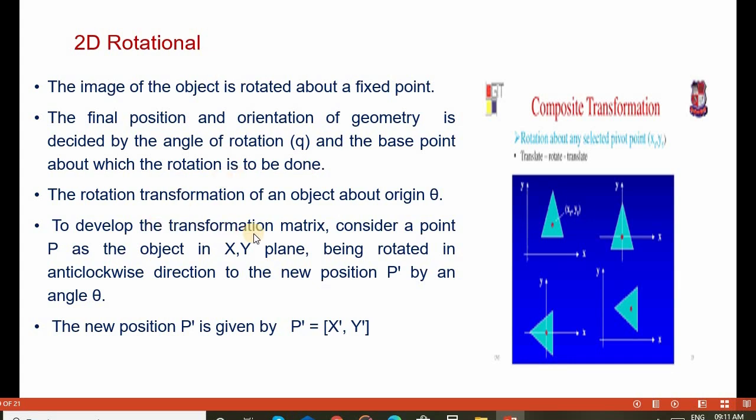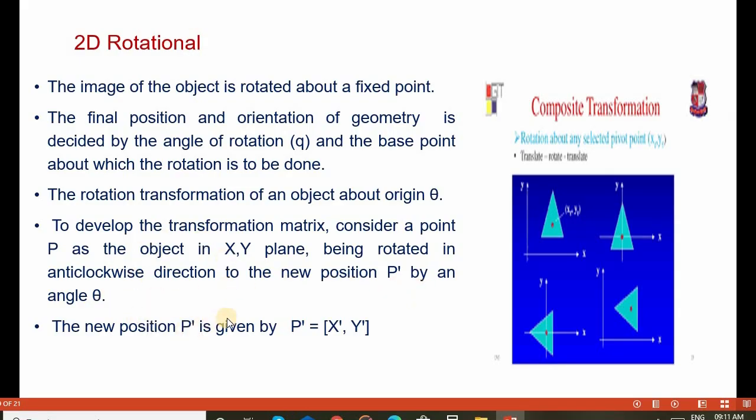For the development of the transformation matrix, consider a point P as an object in the xy plane. P is the initial point with coordinates x, y, being rotated in the anti-clockwise direction to get the new position P dash by adding the angle theta.